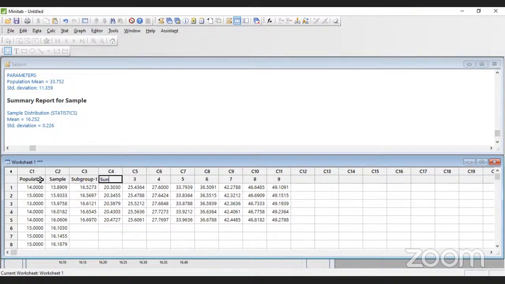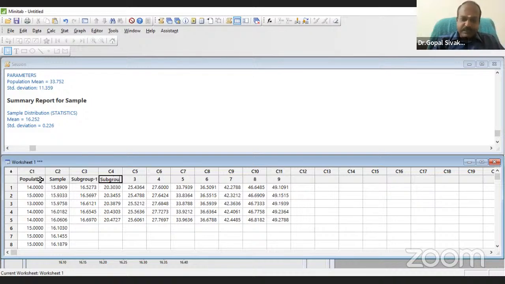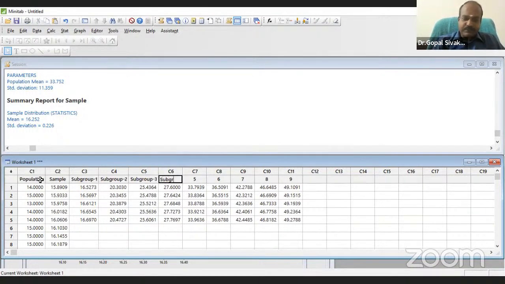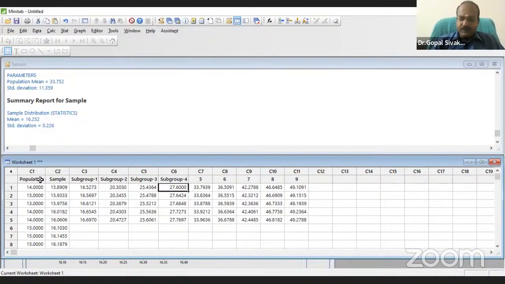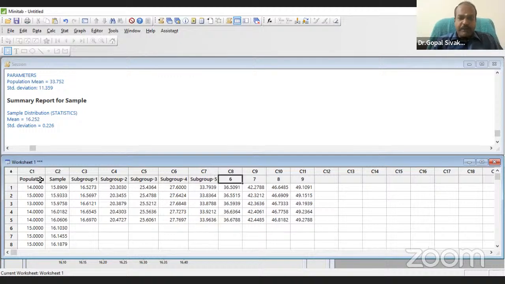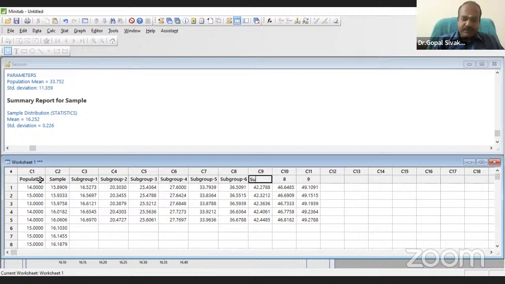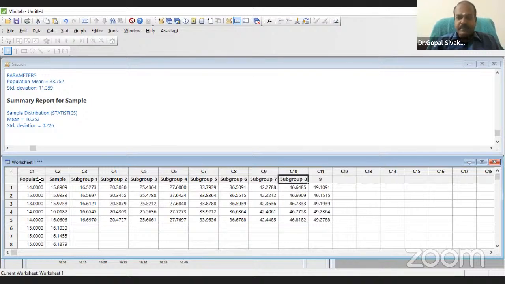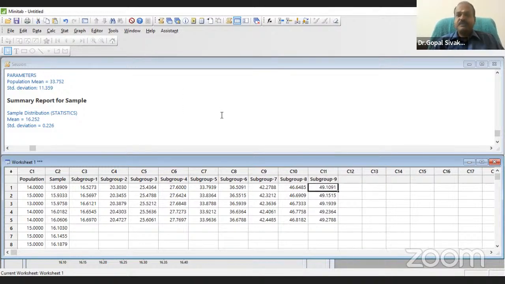Now it is subgroup 2, subgroup 3, subgroup 4, subgroup 5, subgroup 6, subgroup 7, subgroup 8, then subgroup 9.